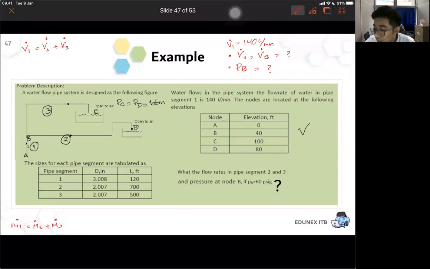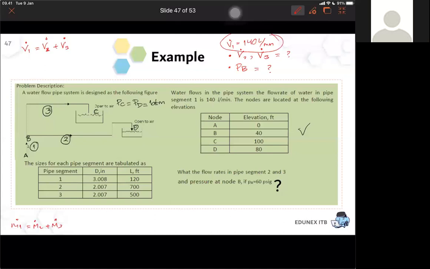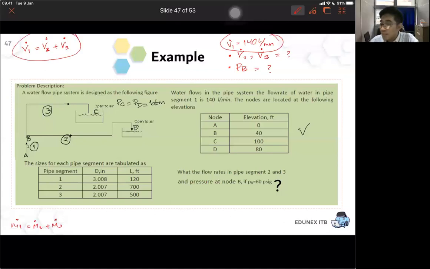Then after this one, seeing the data, you can change it to velocity and area. You already have the value of this one. And you have this equation and you have this data.